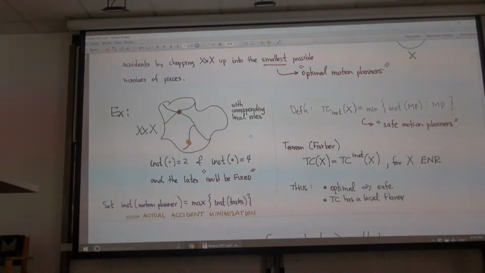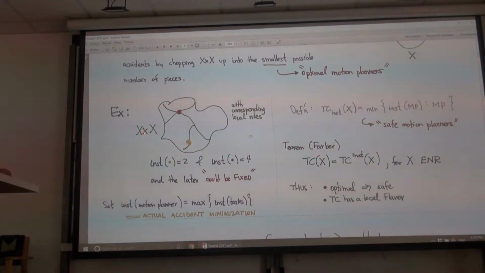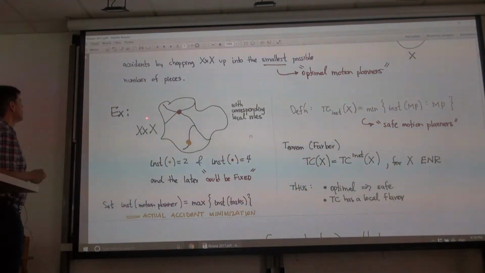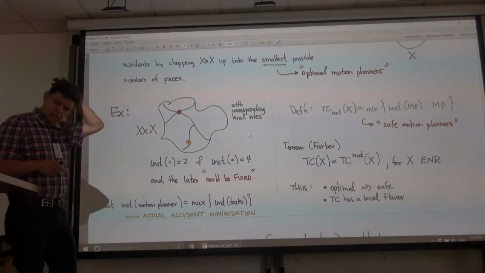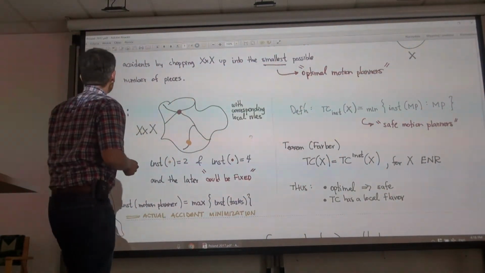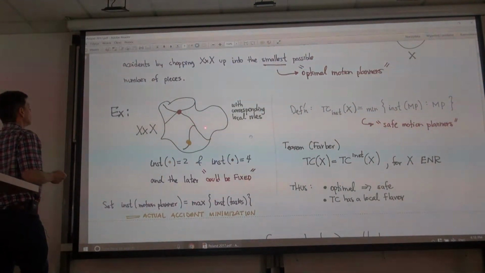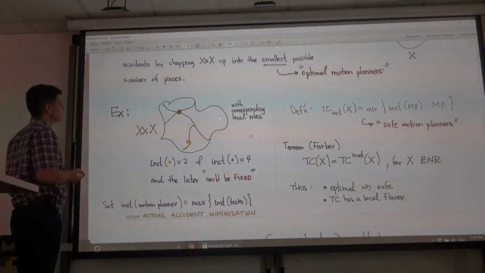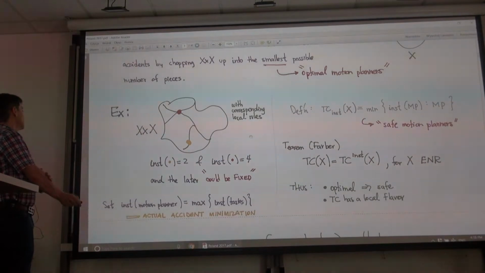And here's an example. Suppose this is your space of tasks, the Cartesian product of X with itself, and suppose this is the open covering coming from some motion planner. Of course, I'm assuming that on each of these pieces one has some local rule. Now look at the yellow dot.